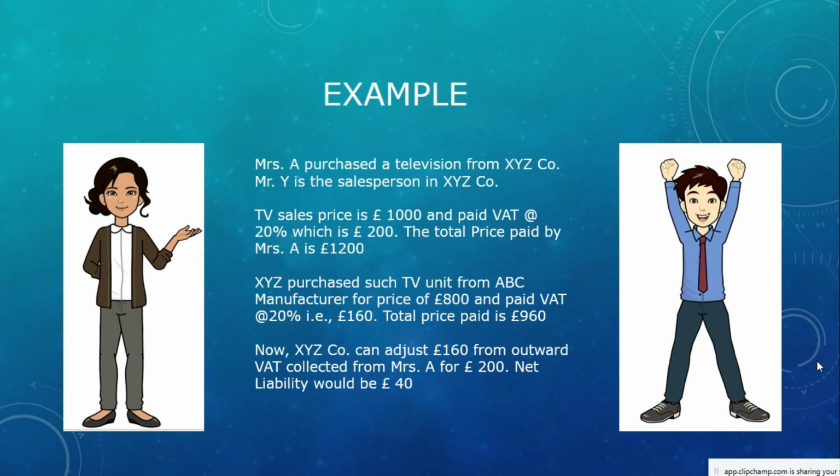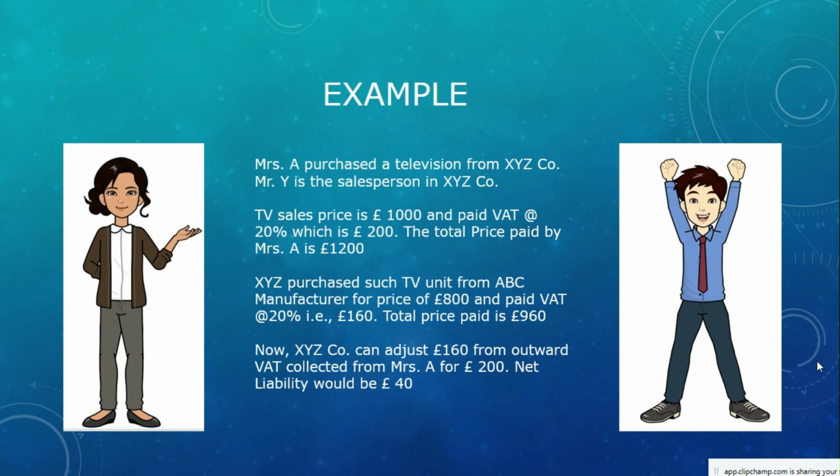They procure those goods from that manufacturer at a cost of £800, and they pay VAT of 20% to that manufacturer. The 20% of 800 is £160, and the total price which the ABC manufacturer charged to XYZ company is £960. So now, how does VAT actually work?